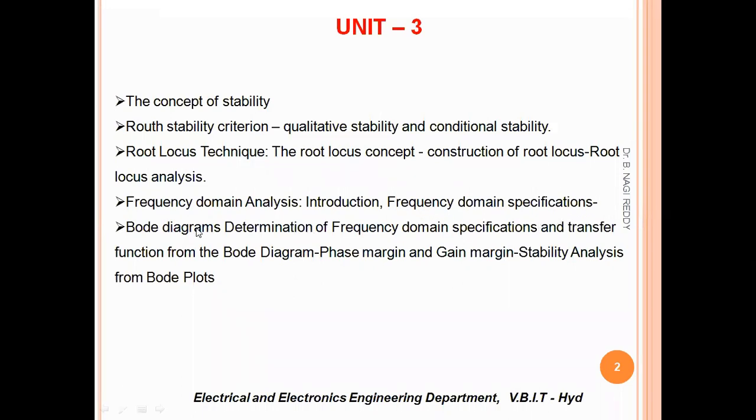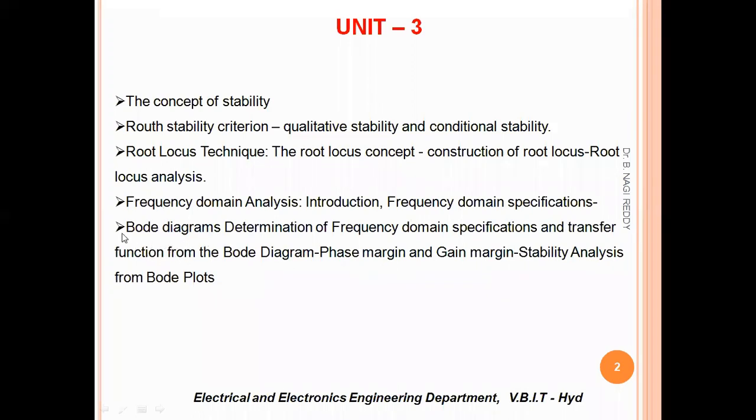And then we will see the Bode diagrams, or Bode plots. These Bode plots are also a procedure to determine the stability of the system, but this is in the frequency domain.